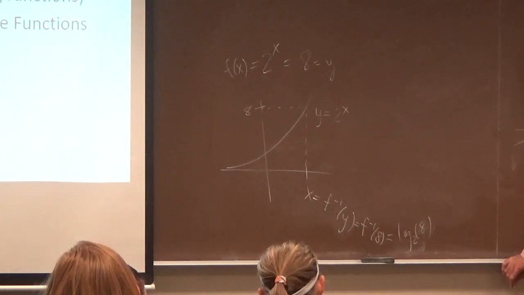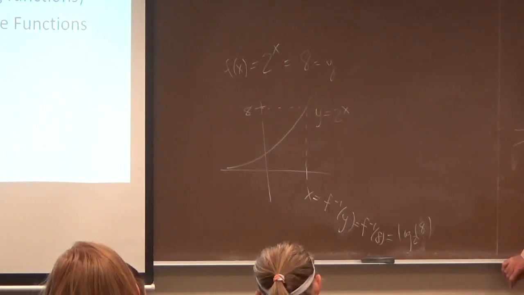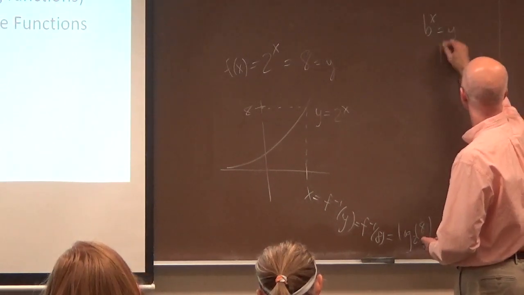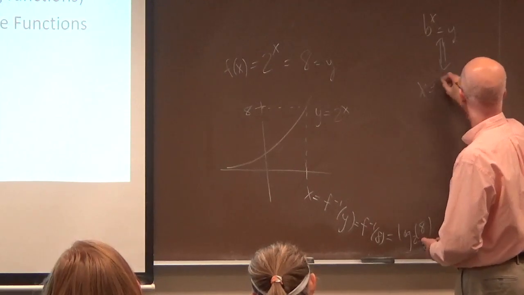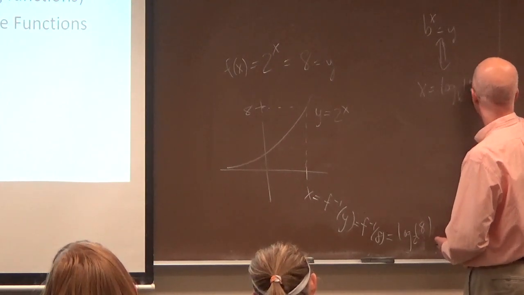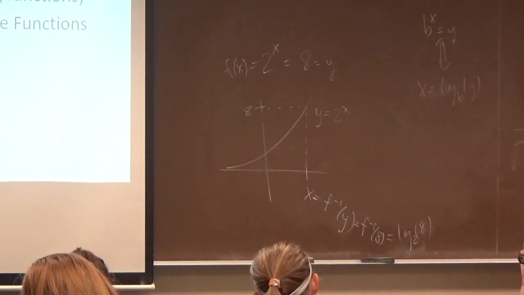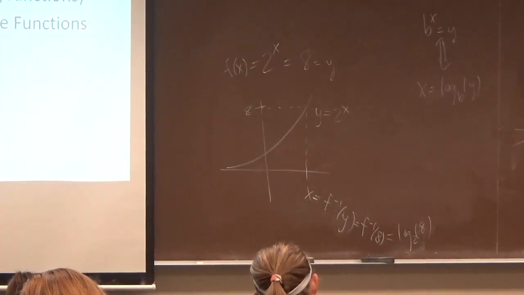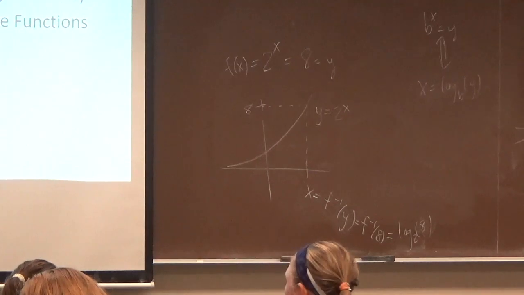The name is kind of weird, we just have to live with the name. So in general, d to the x equals y is equivalent to x equals log base d of y. When you compose a function and its inverse, you get back the original input.